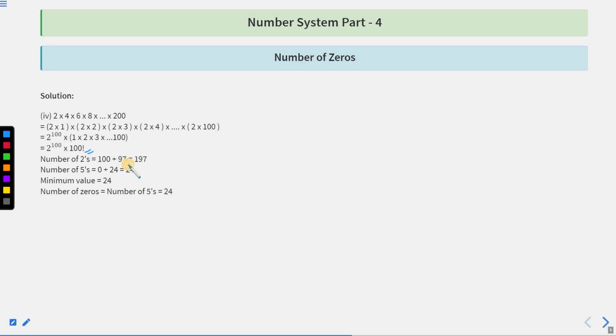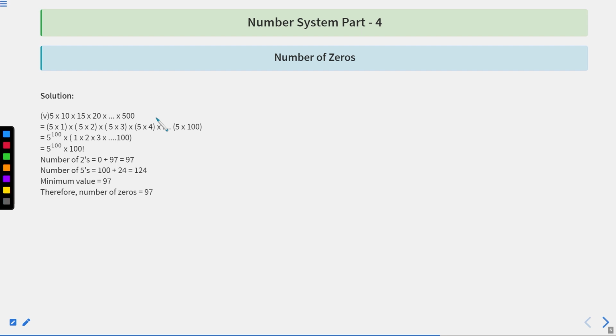Now the number of 2's in this number will be 100 plus 97, that is 197, and the number of 5's will be contributed by 24. So the minimum value is 24. So the total number of zeros here is 24, because the number of combinations of 5's and 2's is 24 only. Therefore the number of zeros in this product is going to be 24.